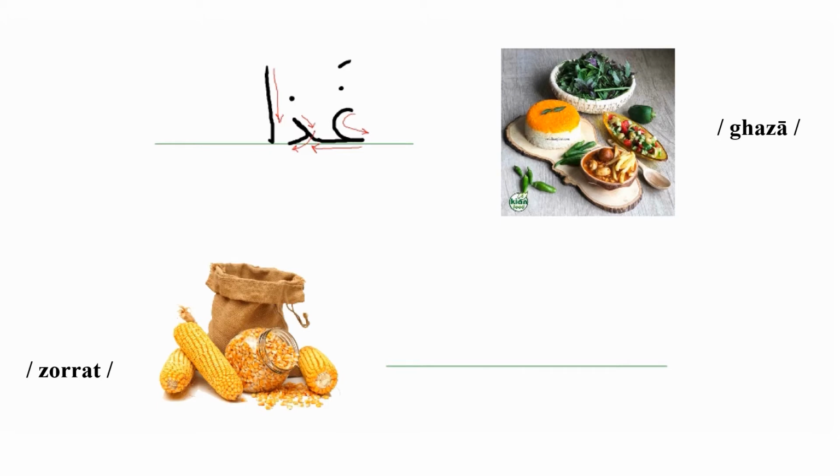The next word is ذرت. So we have Z in the beginning with the short vowel O. Then we have re. And finally te. So here we also have something called tashdid. Don't worry, I will teach you this sign in the next session.